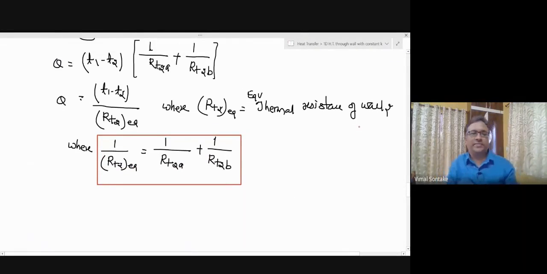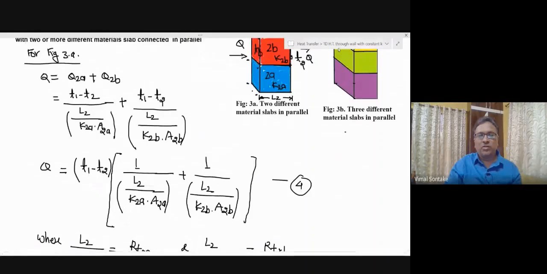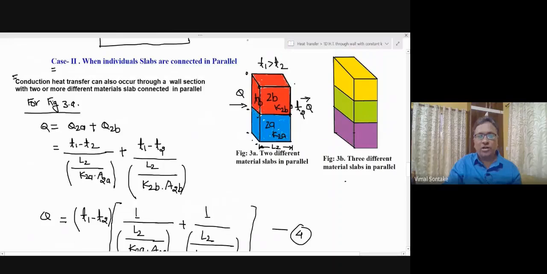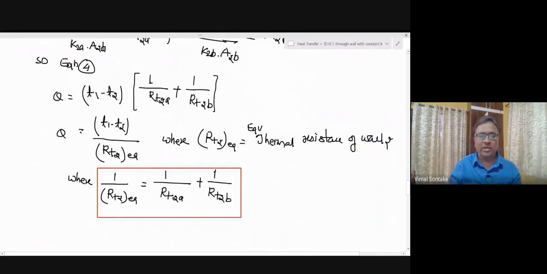So what does it mean? When a single wall, let's say this wall, is made up of two different materials, they are said to be connected in parallel as far as the electrical analogy of heat transfer is concerned, and under such a condition, the equivalent thermal resistance of this wall can be given by this expression.